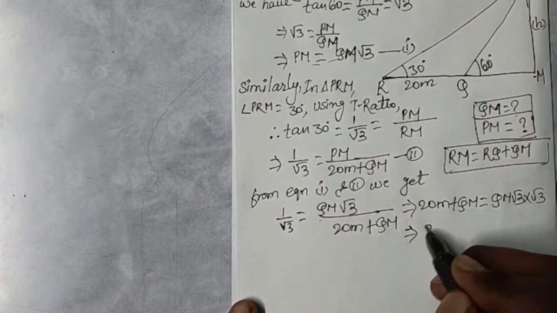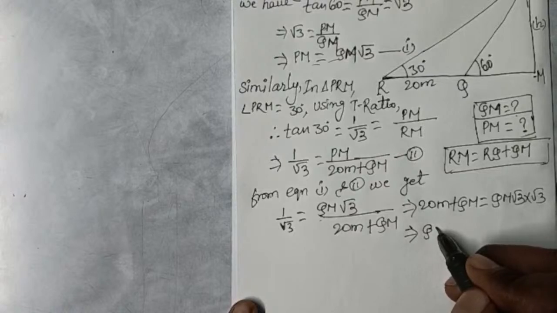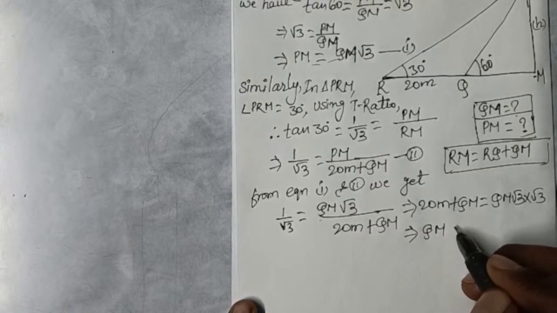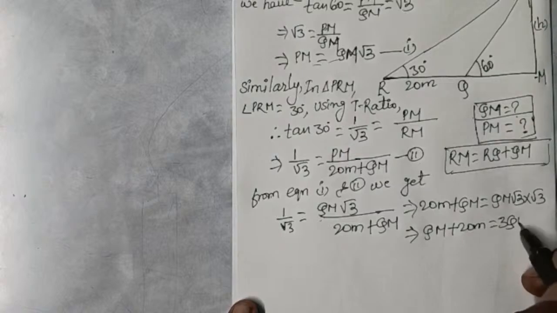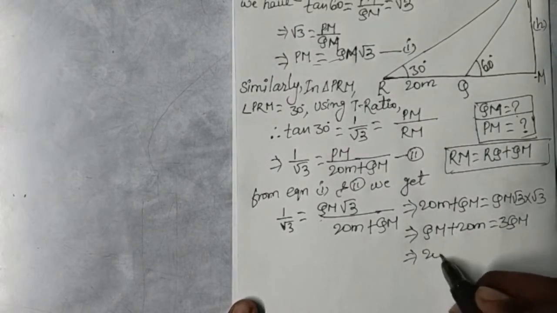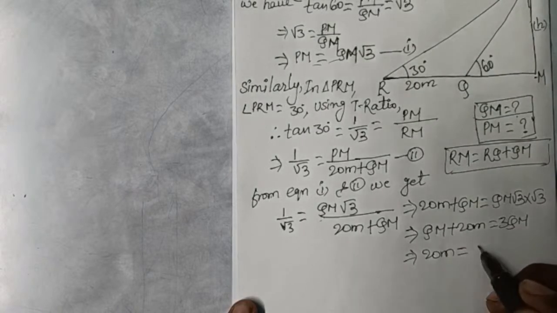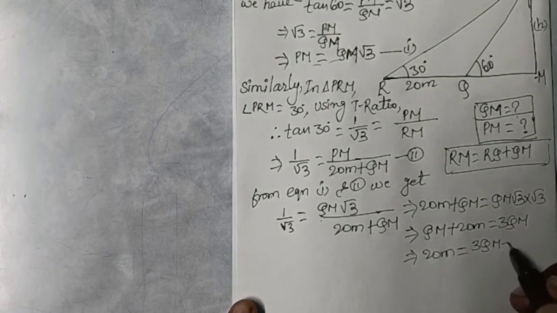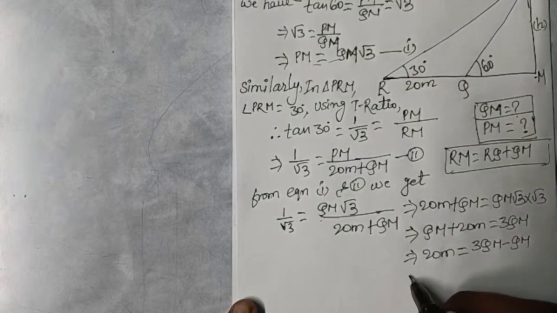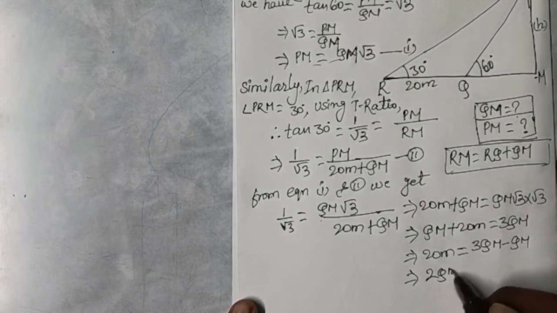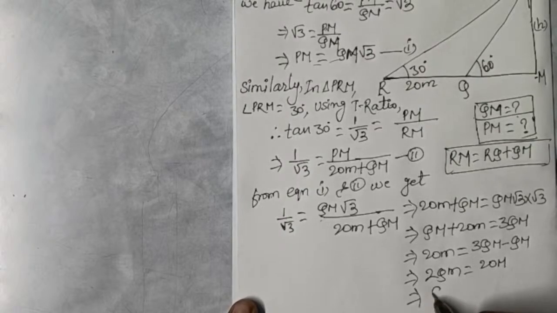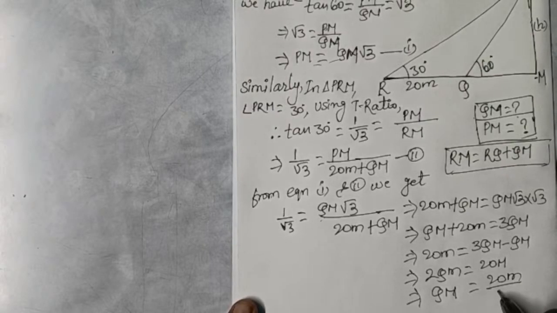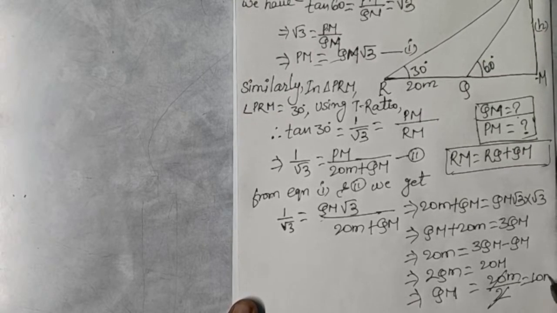It will become QM plus 20 meter equals 3 QM, or 20 meter equals 3 QM minus QM. This is 2 QM equals 20 meter, and QM equals 20 meter upon 2, that is 10 meter.